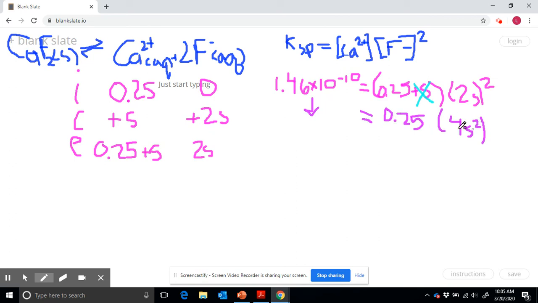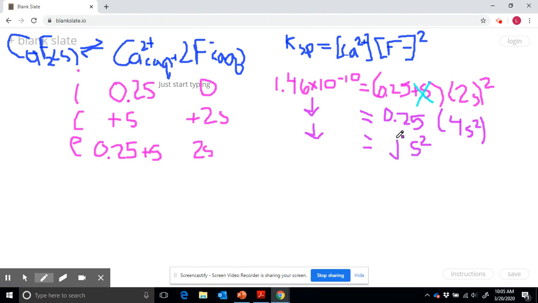Then I can multiply in the 0.25. Once again, we're still keeping that Ksp number. Now we're technically going to have 1S squared. We can divide each side by 1, and we end up getting the same answer. So I'm just going to go ahead and erase that. Now we have S squared.